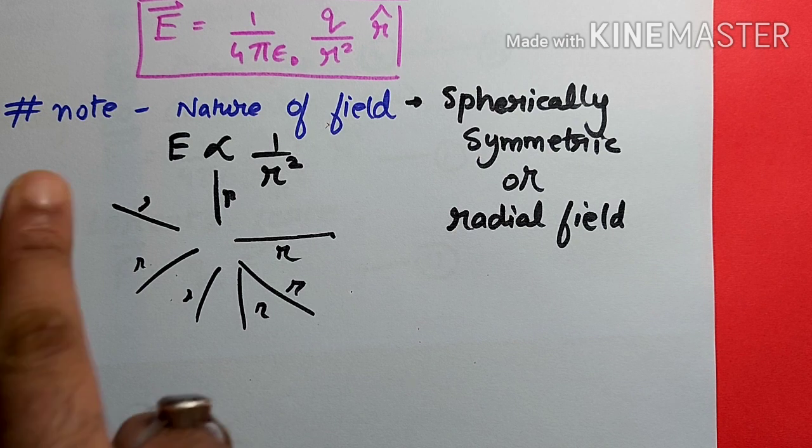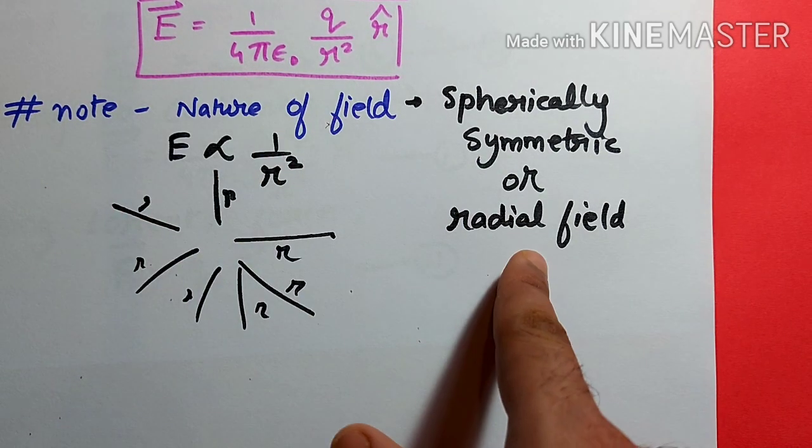Always remember this fact: for a point charge, we always have a radial field.